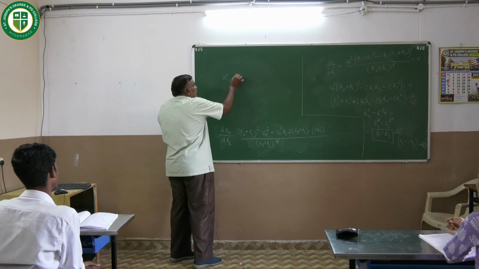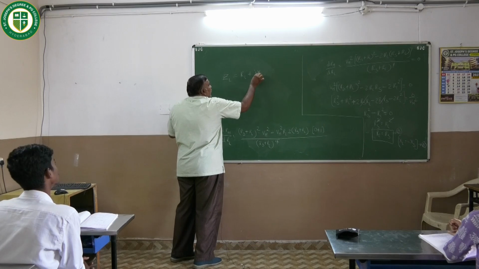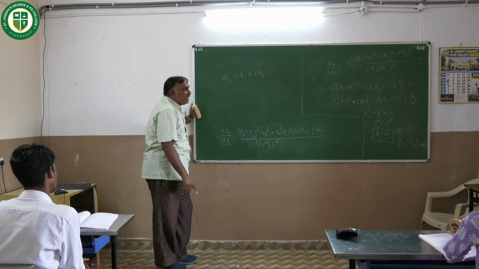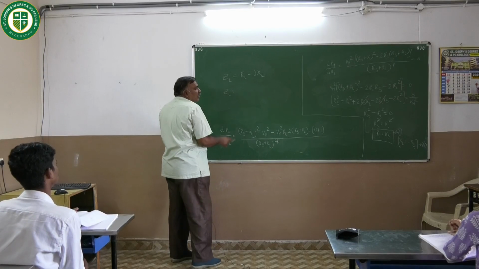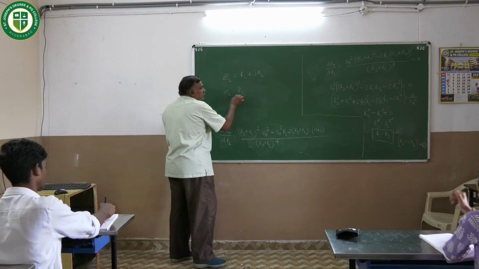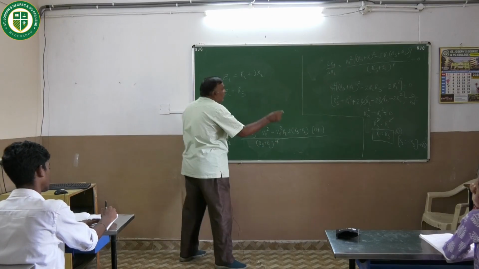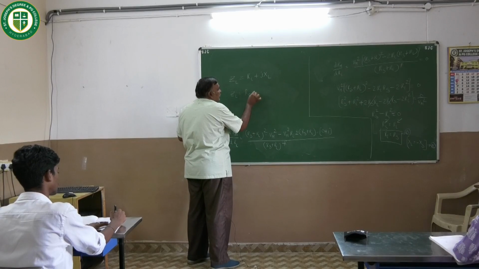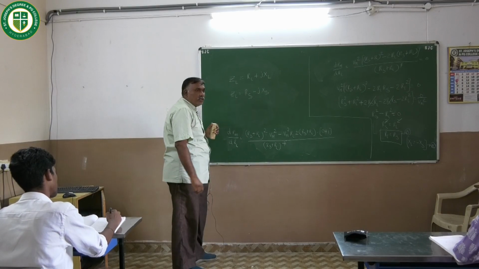You are very much clear that ZL is equal to RL plus JXL. From the equation A and B, we know that ZL is equal to RL is equal to RS and XL is equal to minus XS. So it is going to be minus J into XS.